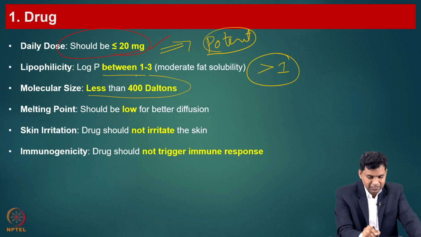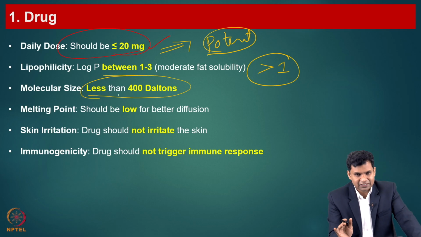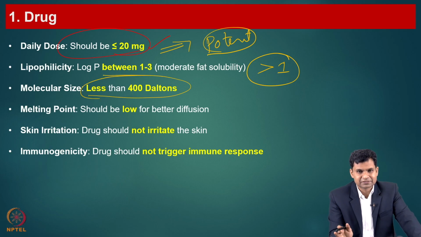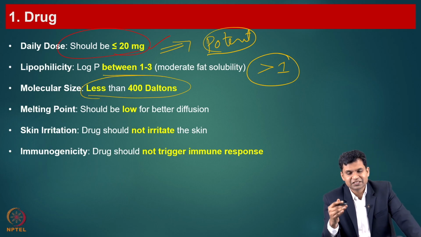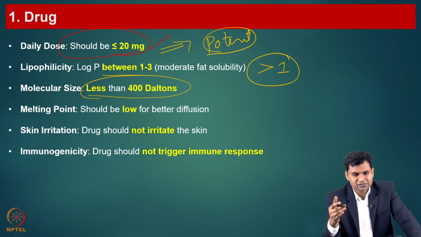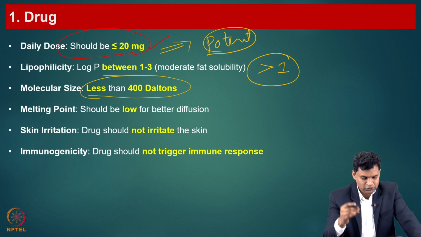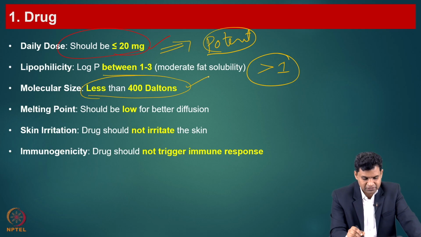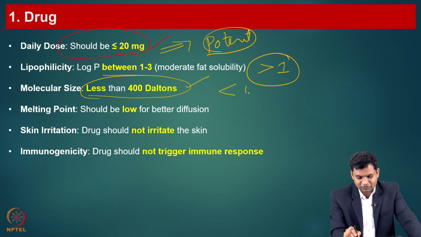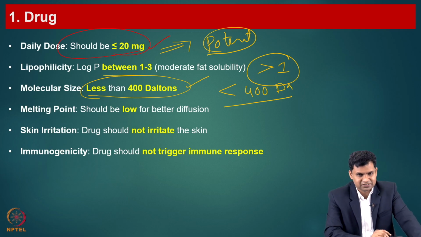And the molecular weight should be less than 400 Daltons. We can remember Lipinski's rule of 5, which is important for the absorption of various drugs by the oral route. Here also the molecular weight should be less than 400 Daltons, which is efficient for transdermal patches.